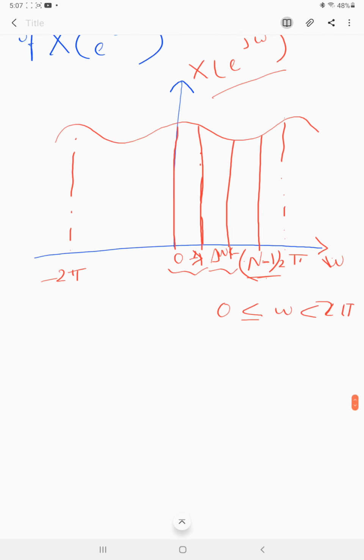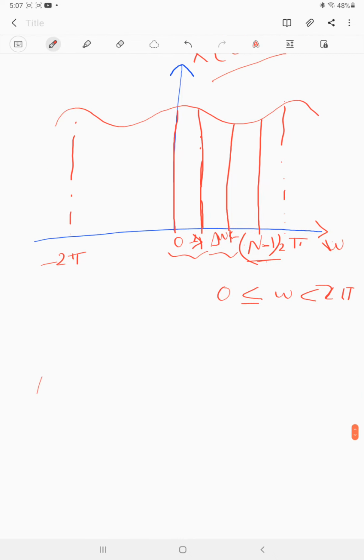Then this delta omega is equal to 2 pi by n. Okay, we are taking sample space as 2 pi by n because the range is up to 2 pi.